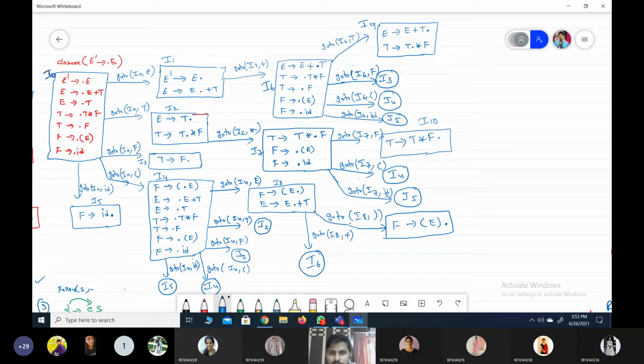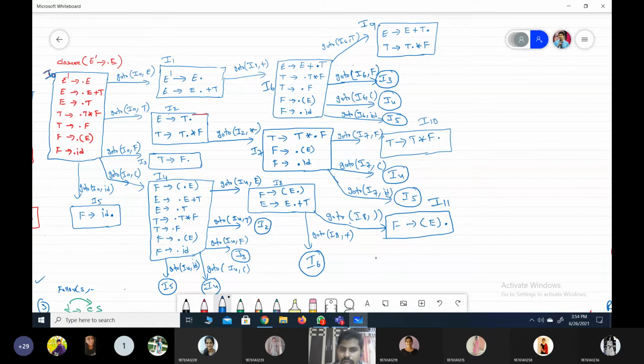The rest of them are repetitions. On I7, if input alphabets are applied, then we are moving to the new item state I10. The rest are repetitive. On I8, if input alphabets are applied, then we obtain a new item state. What is the new item state number here? I11. The rest of them are repetitive.